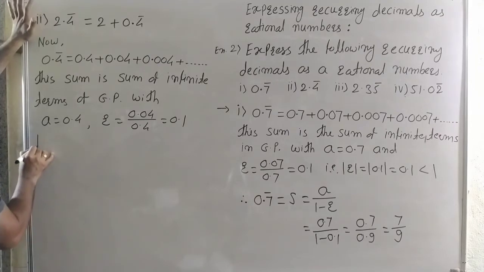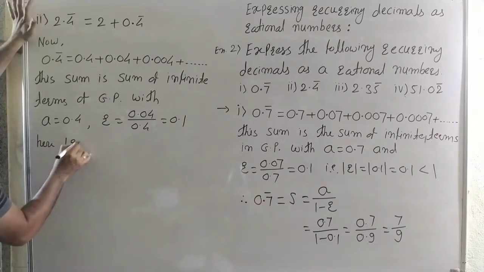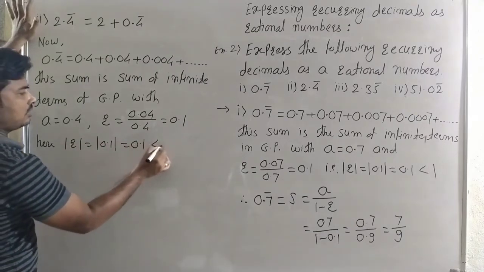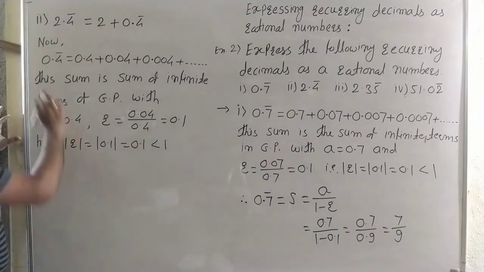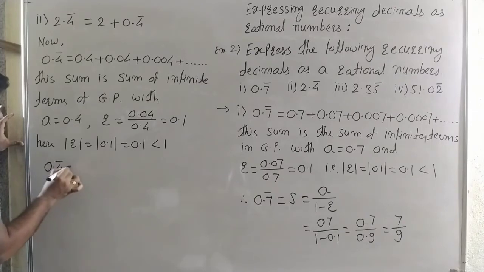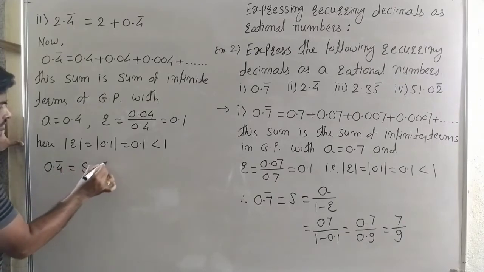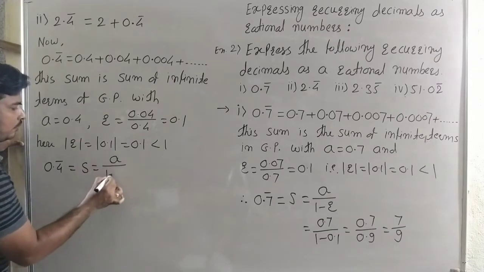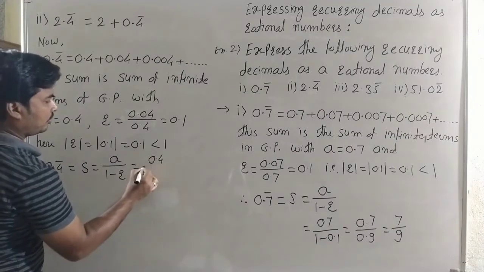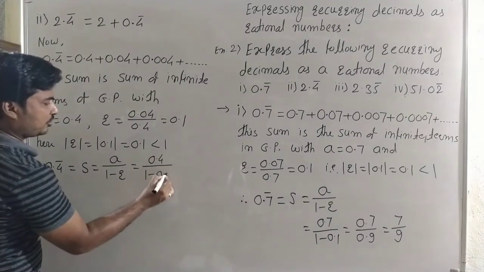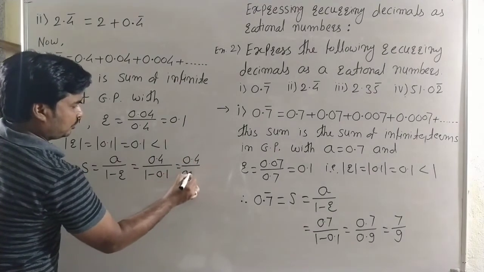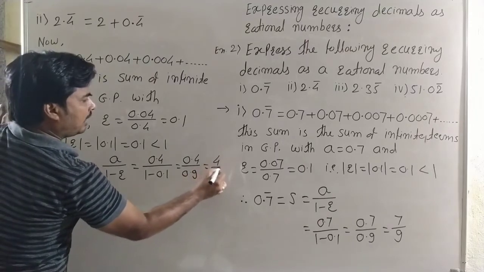Now here mod r, that means mod of 0.1 is equal to 0.1, which is less than 1, that means the sum exists, and therefore this 0.4 bar is equal to a upon 1 minus r, and then it is 0.4 upon 1 minus 0.1, that means 0.4 upon 0.9, that is 4 by 9.